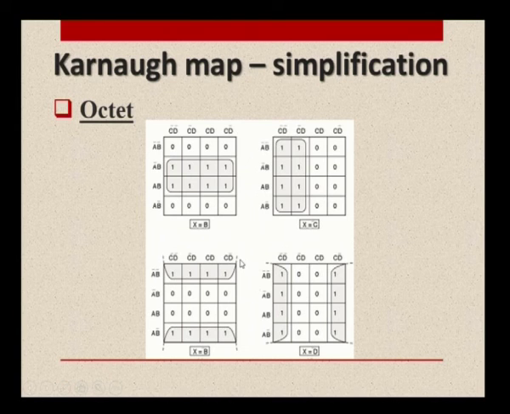So, the 8 terms get reduced to a single character B. Do you understand? 8 products, each product having 4 inputs, a very long expression, is getting reduced to a single variable input B here. So, this is the power of the K-map. The only thing is we need to train ourselves in recognizing the quads, octets and pairs, etc.